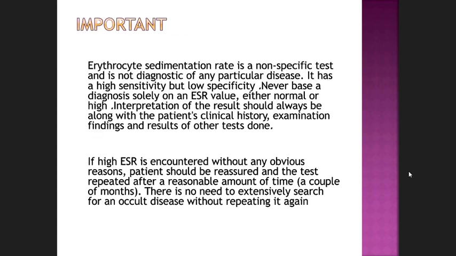Coming to acute inflammation, who will tell what the other inflammatory markers are? Acute phase reactants are raised in inflammation. Sir, interleukin-6, and nowadays CRP is also done, C-reactive protein, because in inflammation C-reactive protein rises.